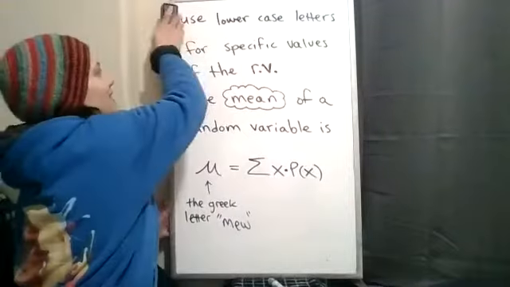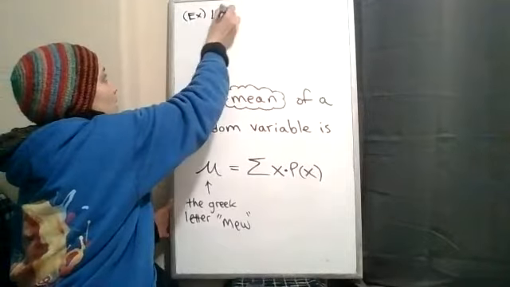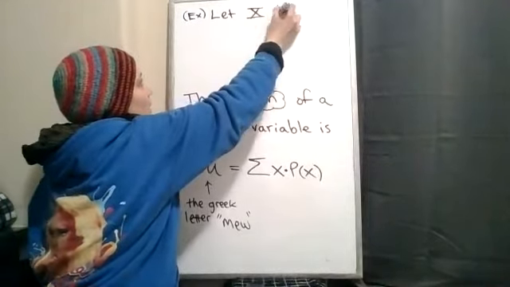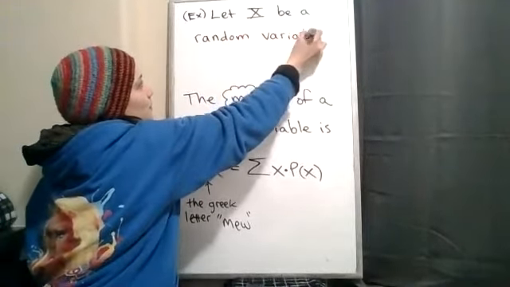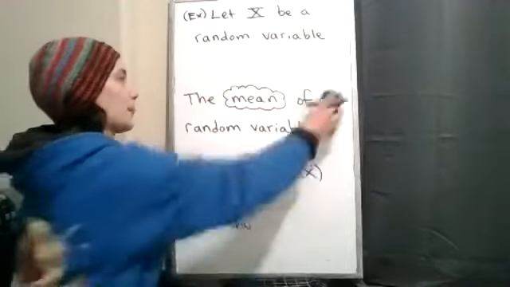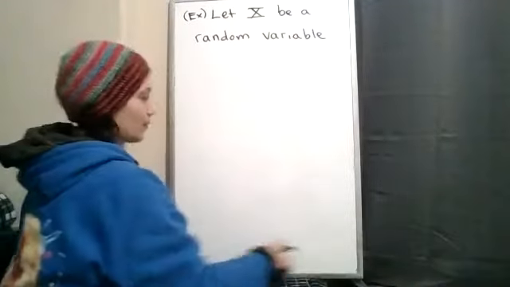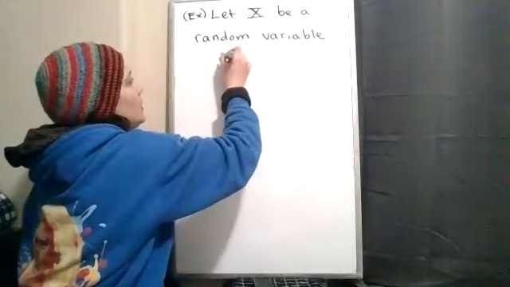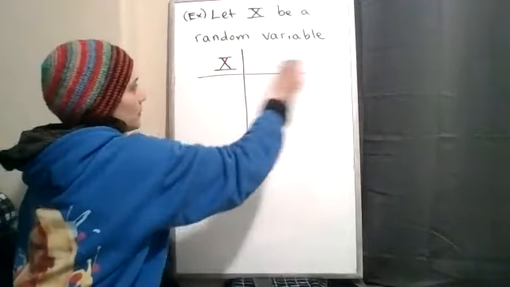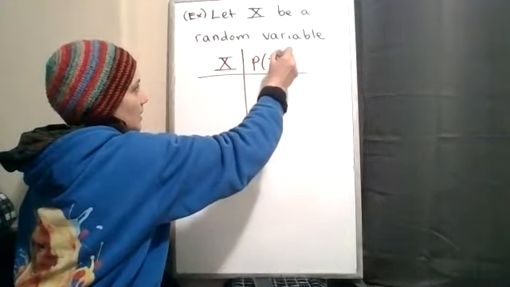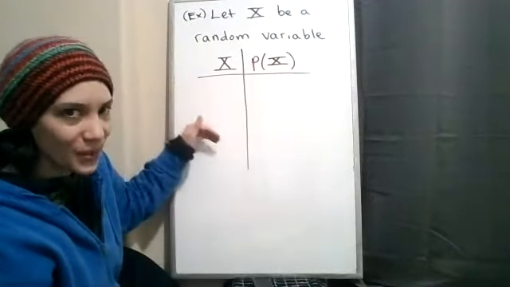Okay, first one. X, random variable. X, P of X. All right, our values of X are going to be 2, 3, 4.